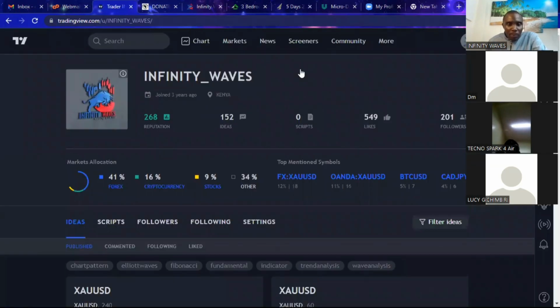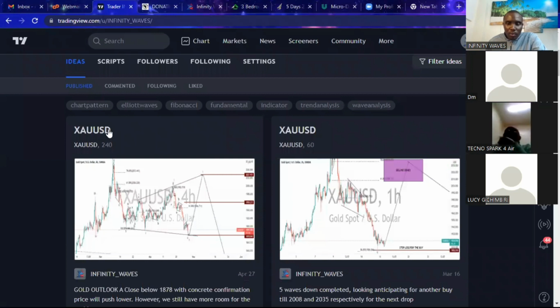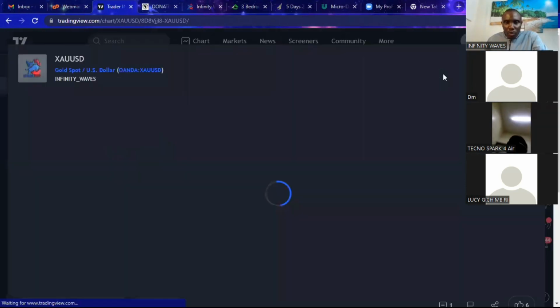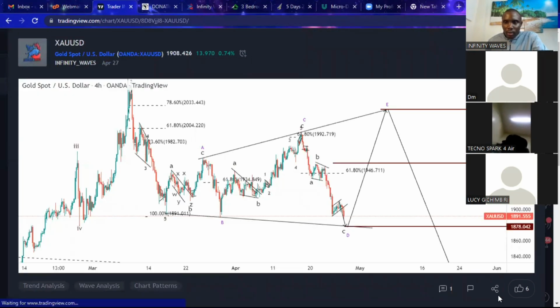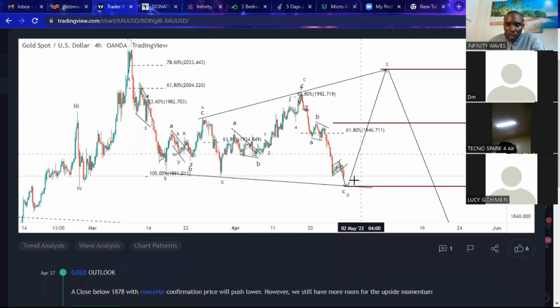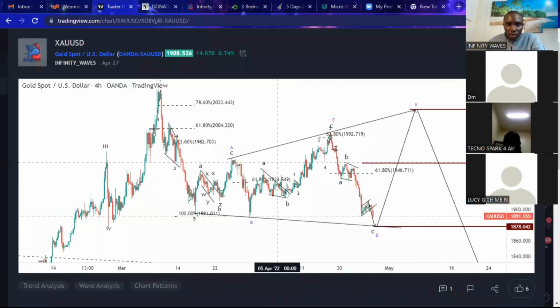So we normally post charts here on our TradingView account. And this is what we had on gold on the 27th. So we are expecting this sell here to drop up to this region here. We're expecting a sell to drop all the way here.